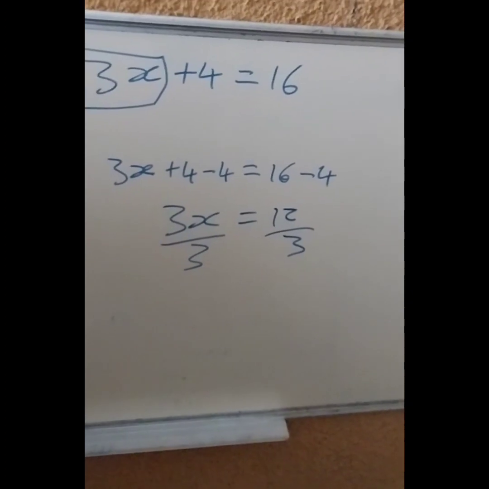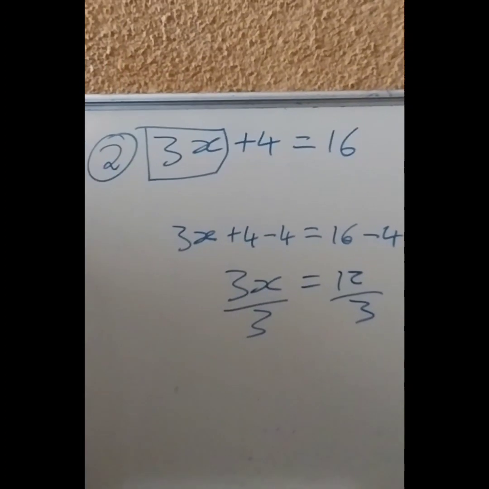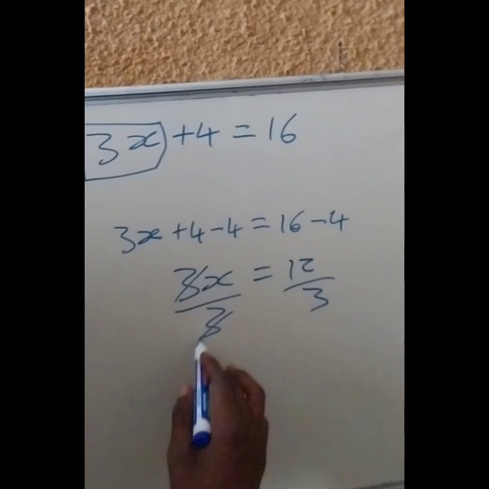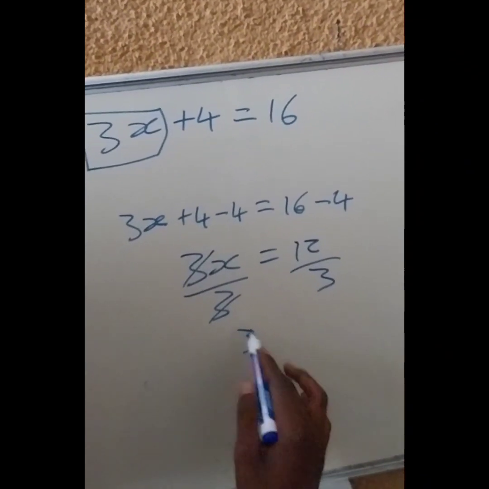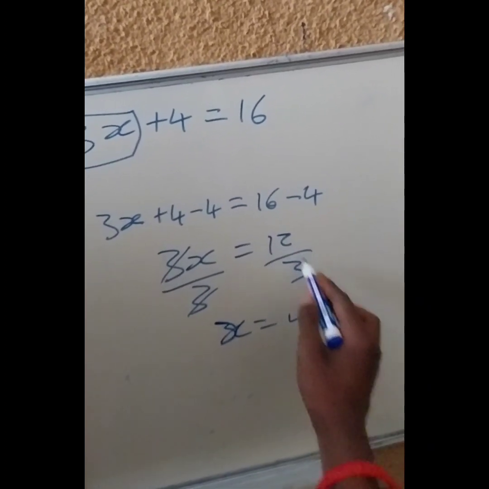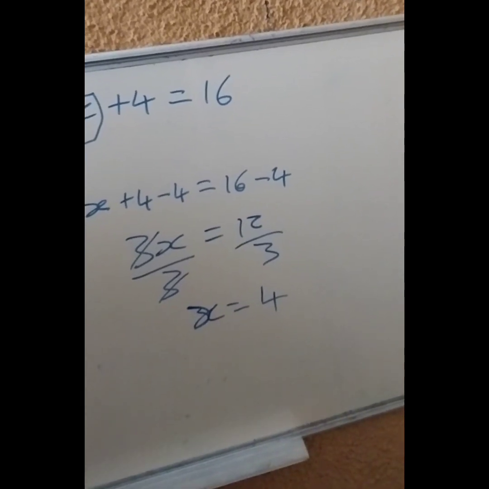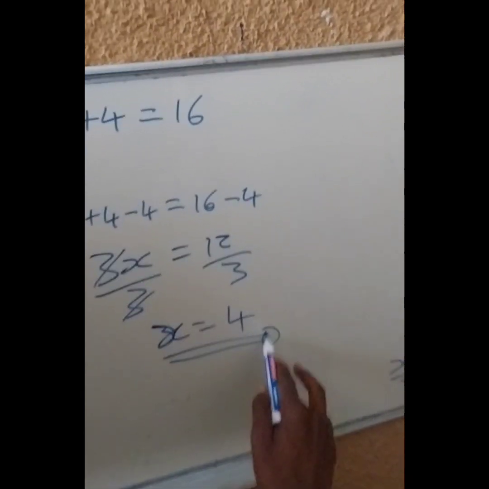Why? Because what you apply on the left, you must also apply on the right. 3 cancels 3. We are going to remain with X equals 4. 3 into 12 goes how many times? 4 times, of which the answer is going to be 12.